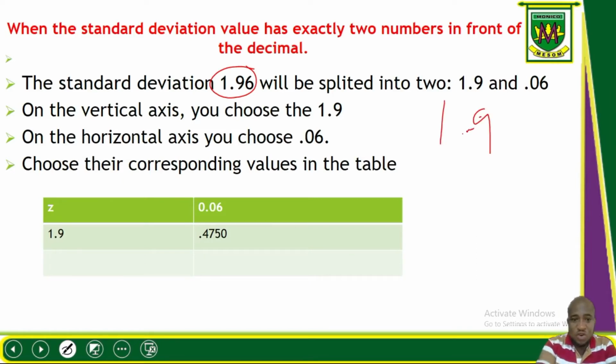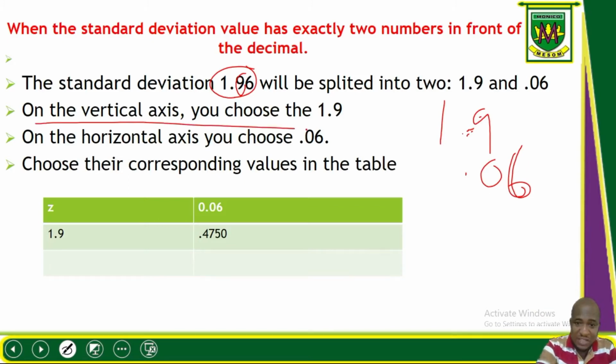If we separate the 6 from the 1.9, the 9 in front will be replaced with 0, so we will have 0.06. So in splitting, we will have 1.9 at the vertical side, and on the horizontal title we can get 0.06.